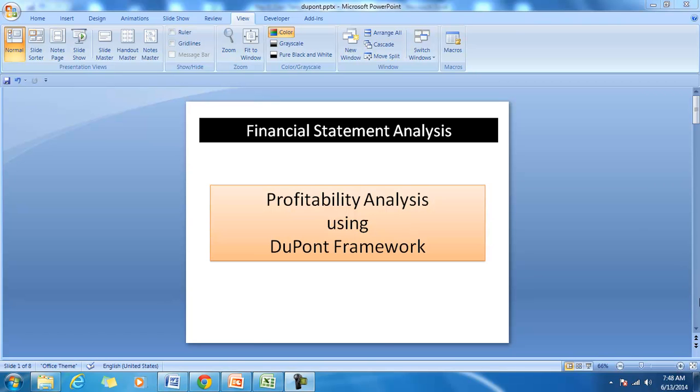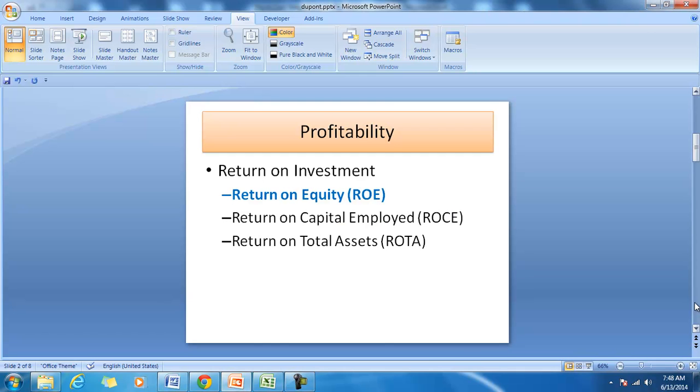The DuPont framework, when we say profitability, the profitability can be seen through variations of return on investment. Profitability may be profit generating ability, or profit distributing ability, as reflected by return on equity, return on capital employed, or return on total assets.